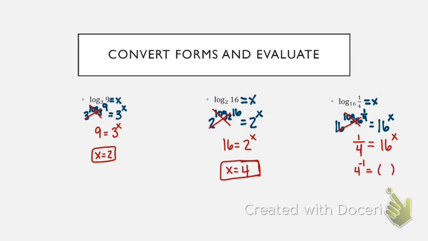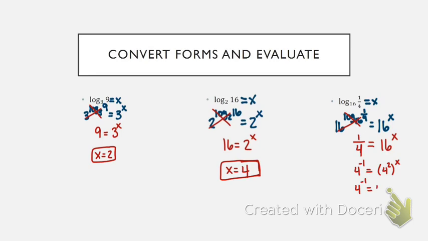Then I'm going to change 16 to have a base of 4. And I know that 16 is 4 squared. So I change the left side to be 4 to the negative first, because 4 to the negative first power is 1/4. I changed the right side. I rewrote 16 as 4 squared.